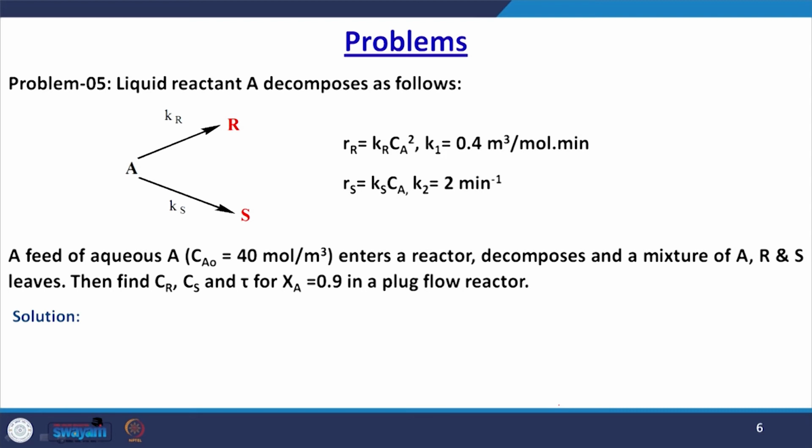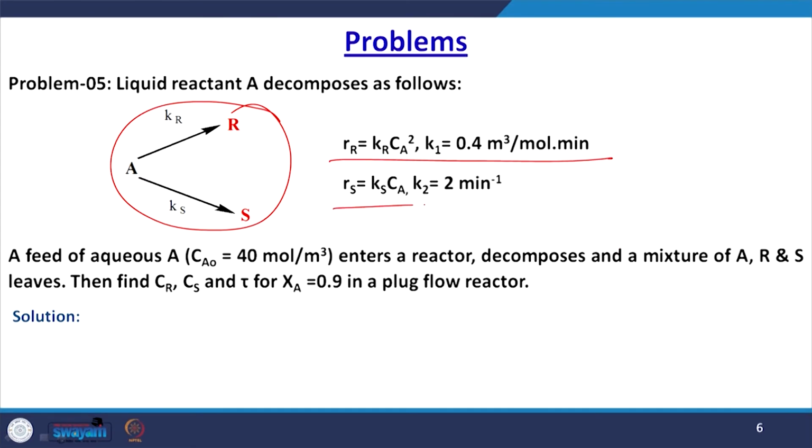Now let us take another problem, that is problem number 5. Here the liquid reactant A decomposes as per the following scheme, and the rate is given like this. A feed of aqueous A, with initial concentration Ca naught equal to 40 mole per meter cube, enters a reactor, decomposes, and the mixture of A, R and S comes out.